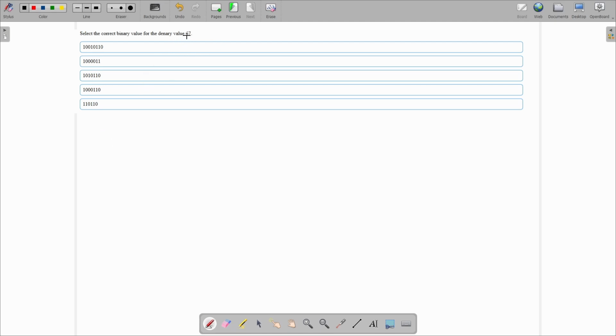We're given the value 67 in base 10. We want to find it in base 2. You just need to write out the powers of 2, which is usually 128 and decreasing. Now that we have this written down, we can start doing the subtractive method. 128 is too large to be subtracted from 67, so we'll move on to the next one, and we'll add a 0 here. 64 can perfectly be subtracted from 67.